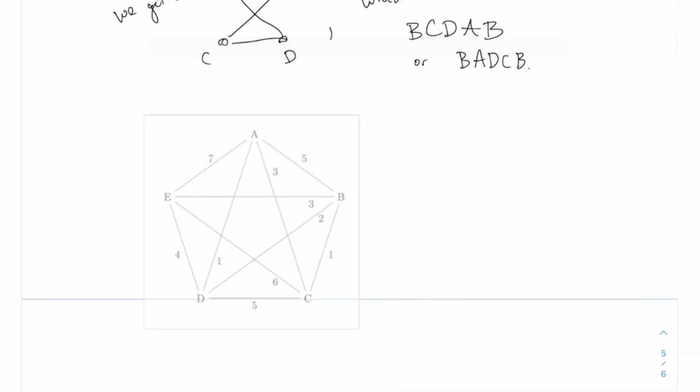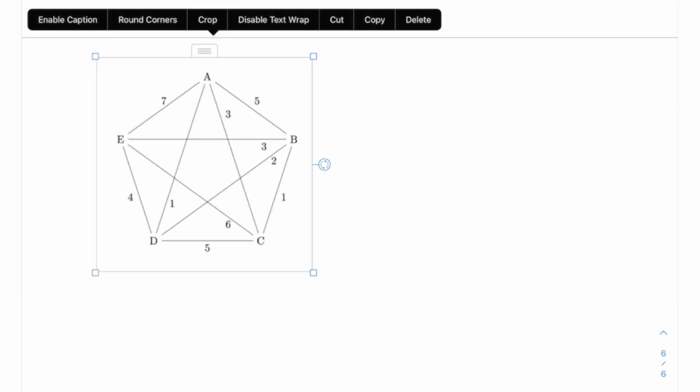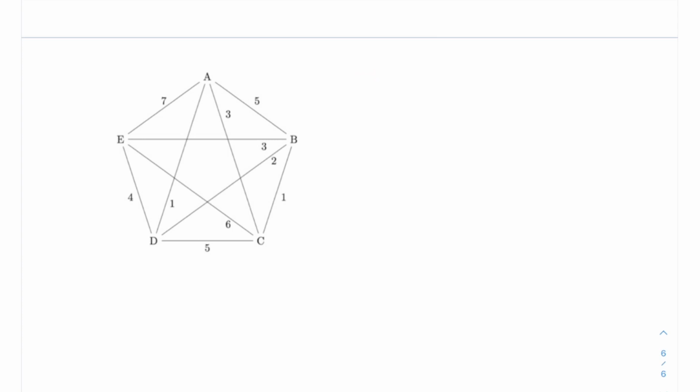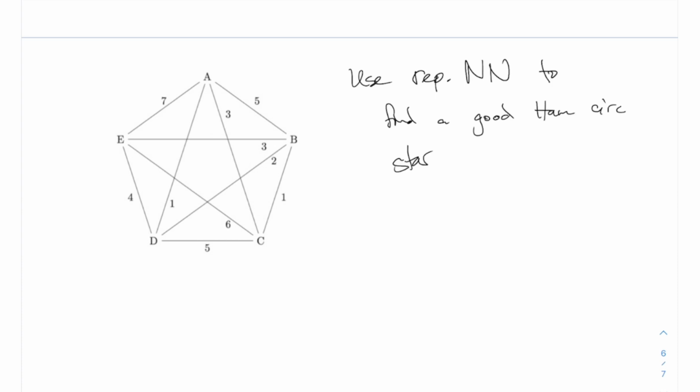So let's see if we can do this. Use the repeated nearest neighbor to find a good Hamilton circuit. All right, find a good Hamilton circuit starting and ending at C. What you should do is check all the different starting points.